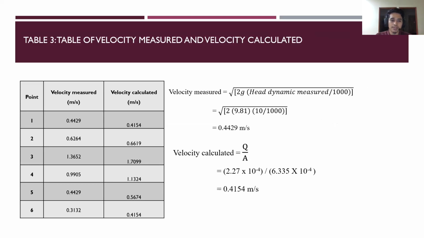To get the calculated velocity, we use the formula volume flow rate divided by area: 2.27 times 10 to the power negative 4 divided by 6.335 times 10 to the power negative 4. The calculated velocity is 0.4154 meter per second.